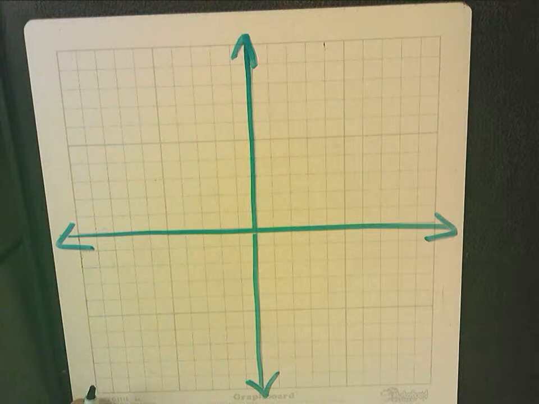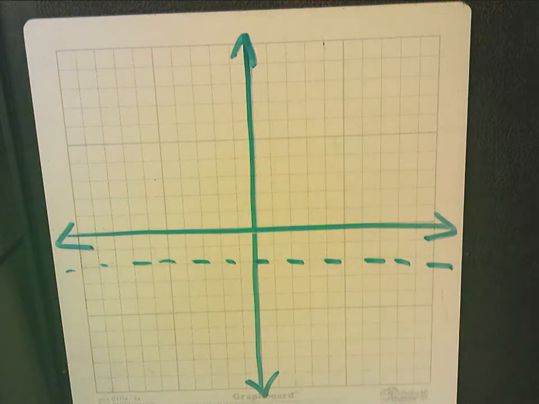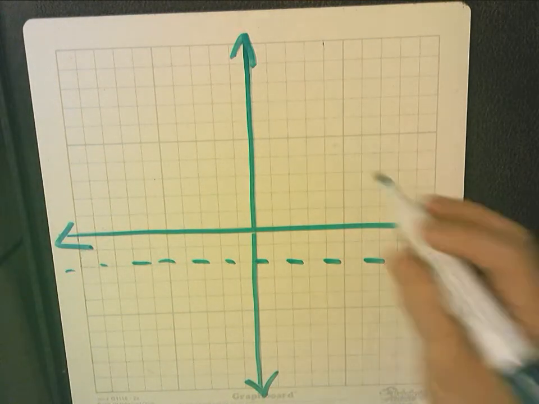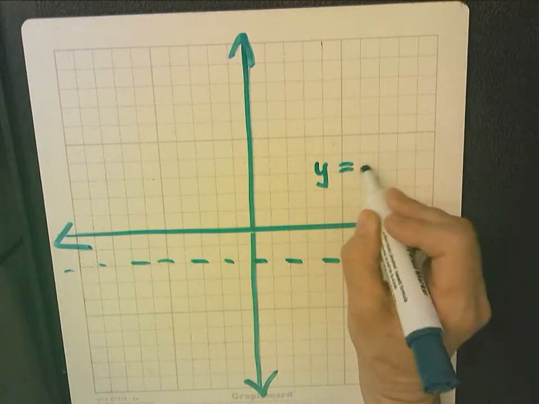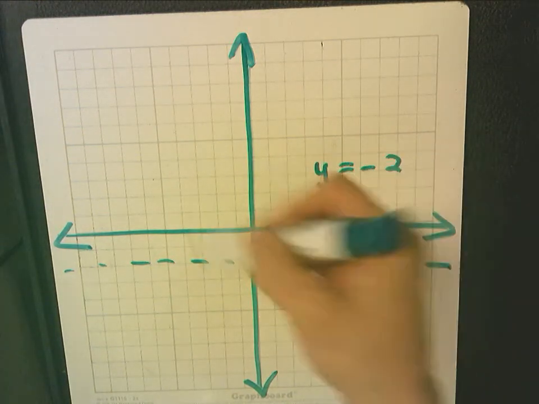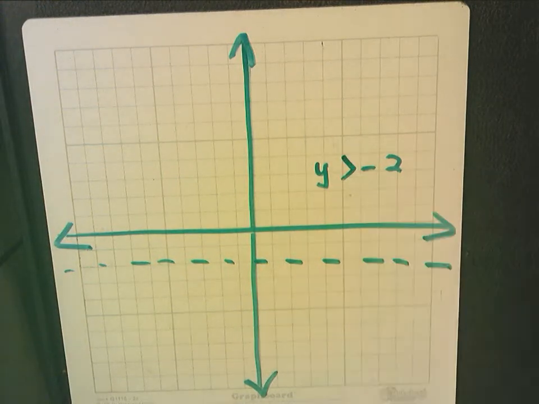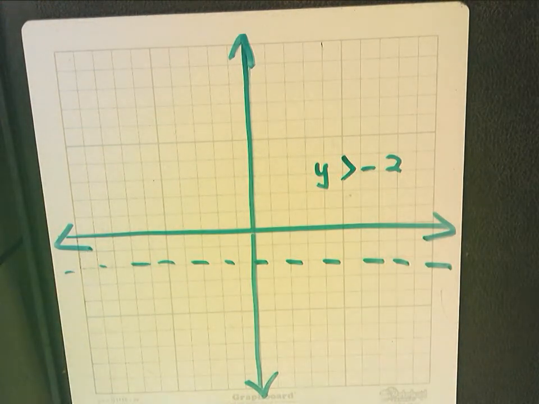Okay, so there's a dashed line at -2. So I know that equation is y equals -2, but it got shaded above. So that means it got shaded where y is greater than -2.